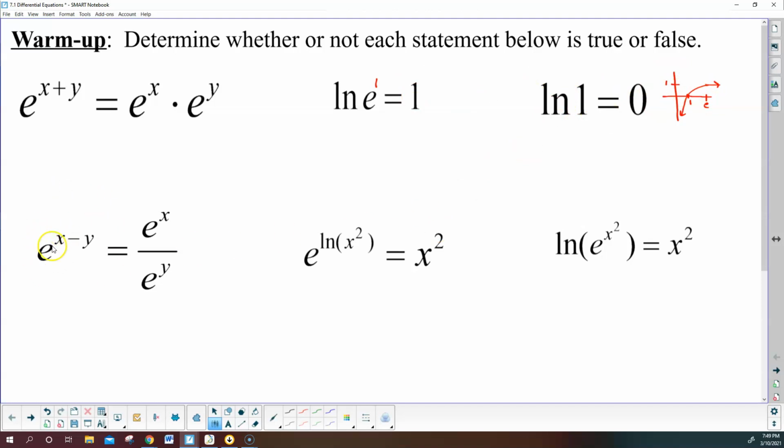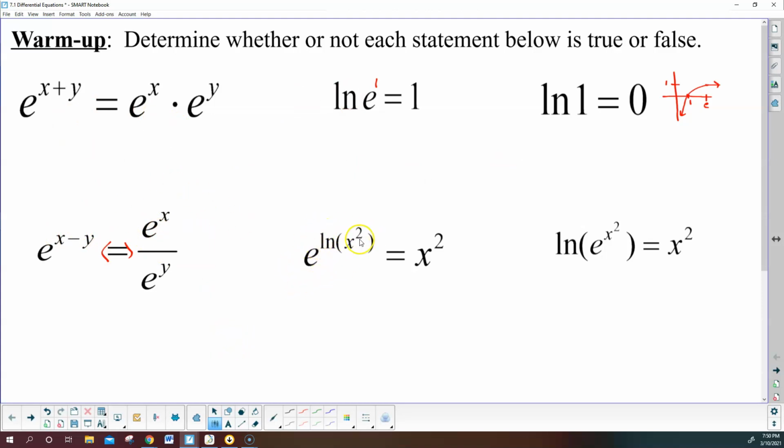What happens on the bottom if I have e to the x minus y? That can be rewritten as e to the x over e to the y. And sometimes you see the arrows like this saying if it's in this form, you can convert it to the exponent form, or vice versa. You can go either way with these, and actually any of these. We do this to help us out.